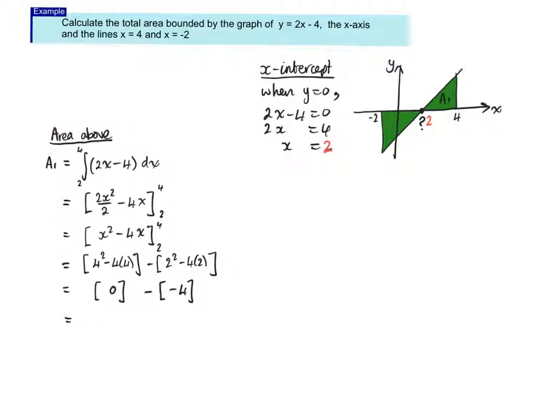So the area above is nothing minus minus 4, which is 4 units squared.